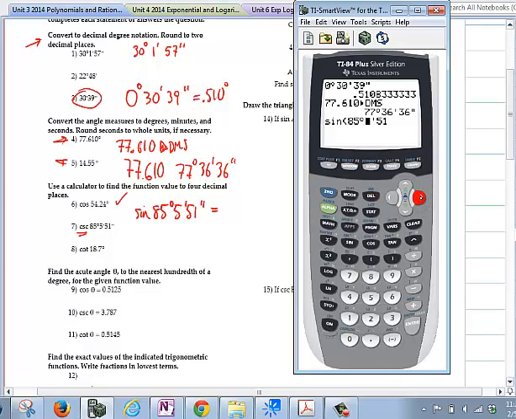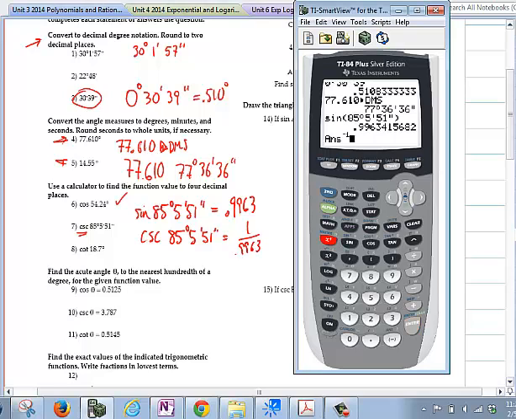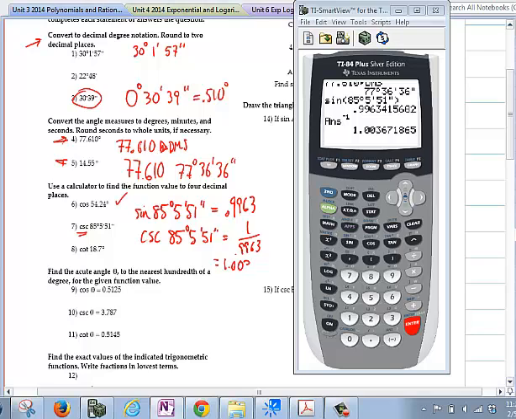I just go to the end. I've got to make sure I put in minutes, and that would be here. So I get the sine value. You write that down. It's 0.9963, and now the cosecant of that same angle is the reciprocal of that value I just found. You just hit the -1 button, and that gives you 1.0036.